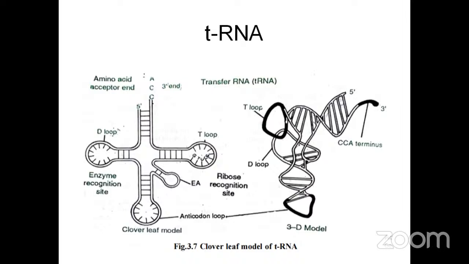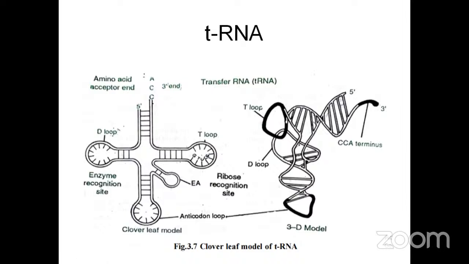Among the three types of RNA, tRNA is recognized as the smallest RNA. The largest one is messenger RNA. The smallest one, tRNA, contains only 80 to 90 nucleotides, with a 5' and a 3' end.